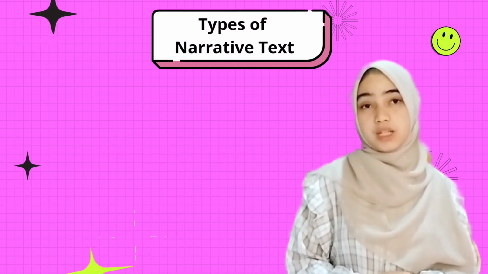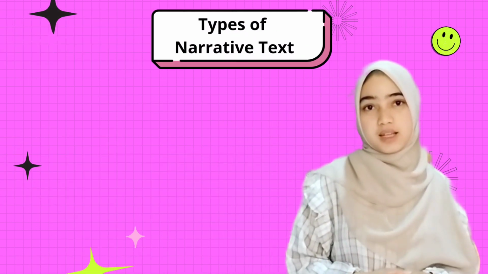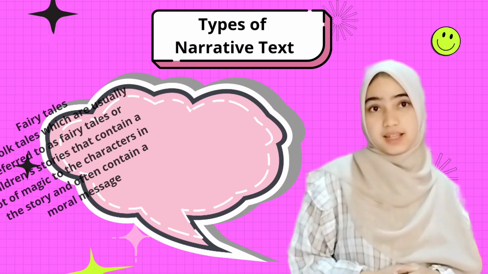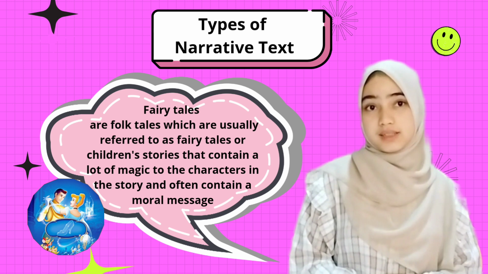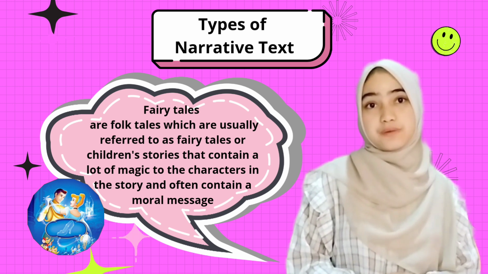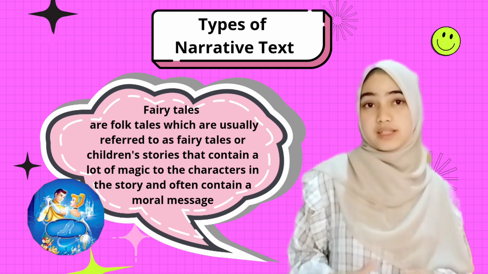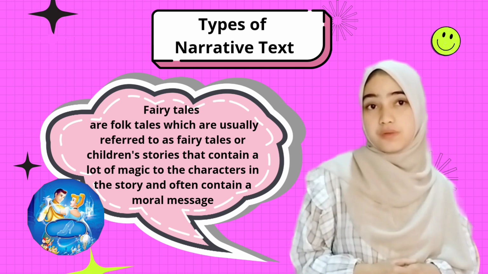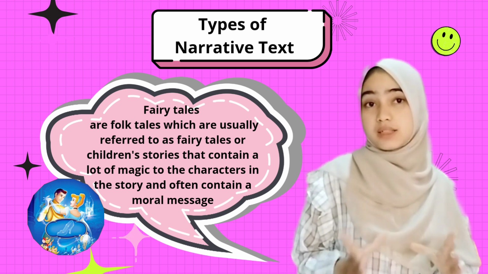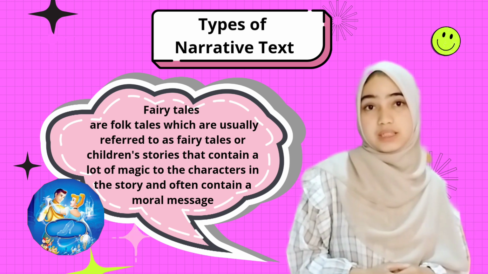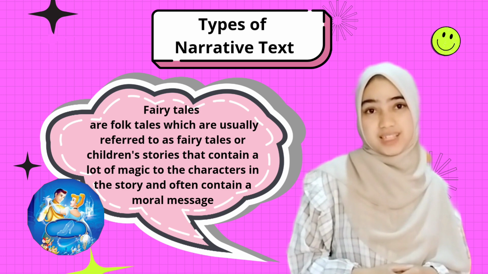Types of narrative text. First, fairy tales. Folk tales are usually referred to as fairy tales or children's stories that contain a lot of magic for the characters in the story and often contain a moral message.